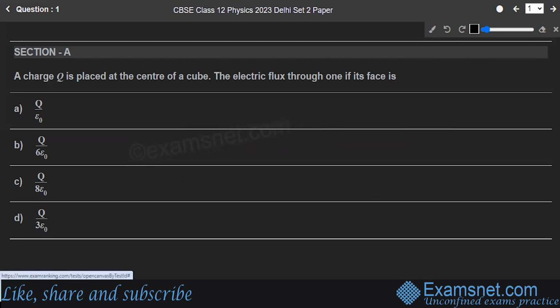Here we go. It says a charge Q is placed in the center of a cube. The electric flux through one of its surfaces.